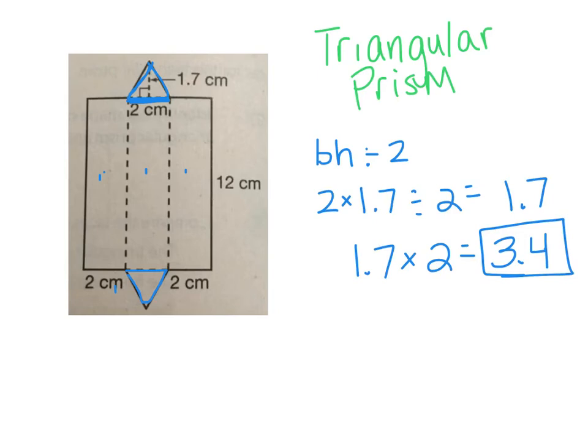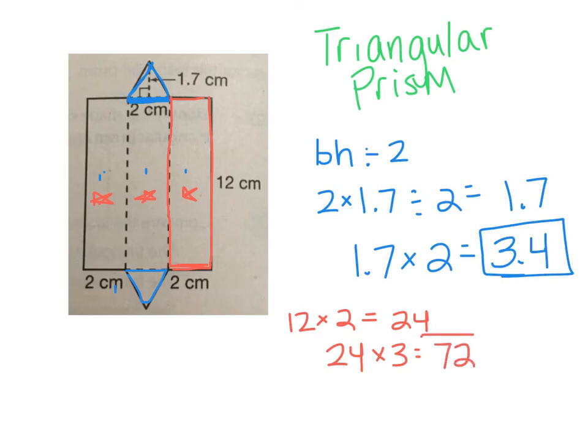Okay, and then we have our rectangles. So I see that this is 12, and this side is 2. So 12 times 2 is equal to 24. And then there are 3 of those rectangular faces that are exactly the same. So we can take 24 times 3, which is 72.